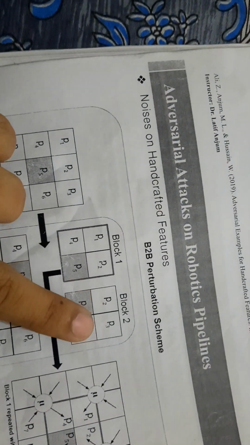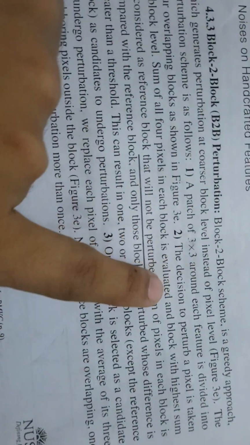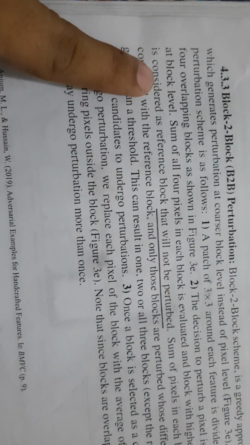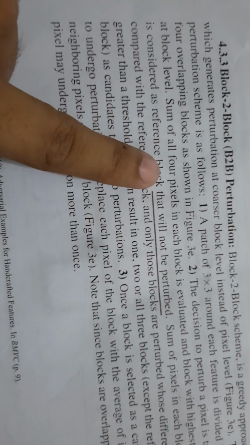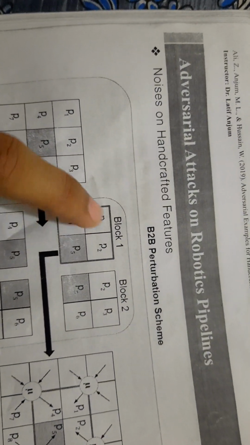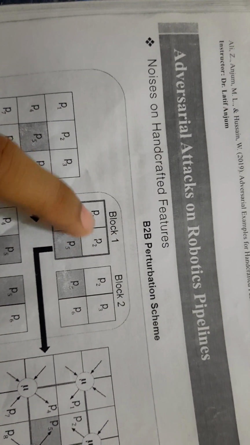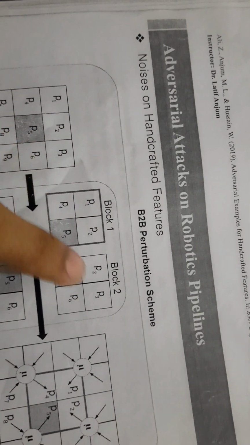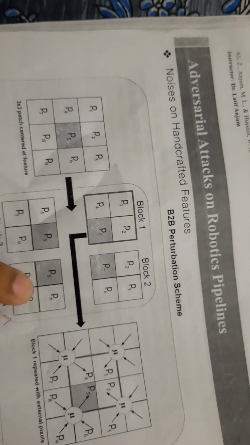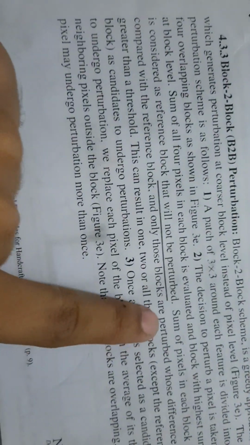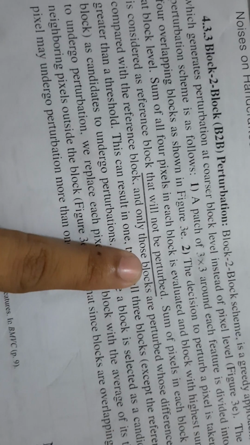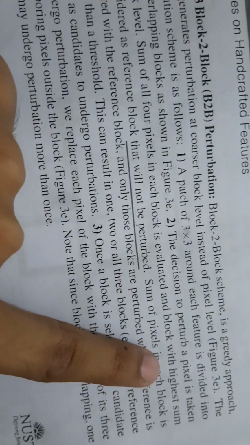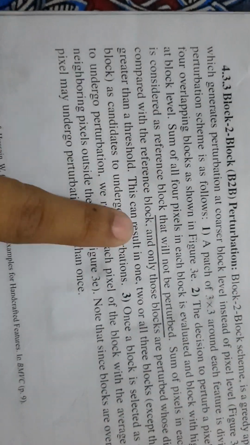Secondly, the decision to perturb the pixel is taken at block level. The sum of all 4 pixels in each block is evaluated. They calculate the sum for each block. For example, the sum was found to be 20 here, 30 here, 50 here and 70 here. The block with the highest sum is considered the reference block, and that will not be perturbed.